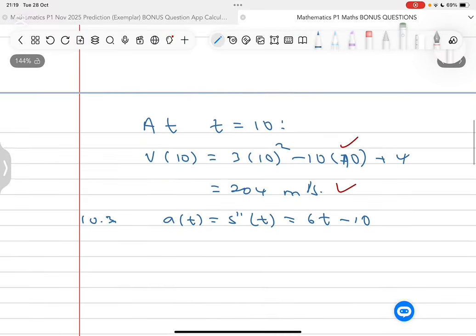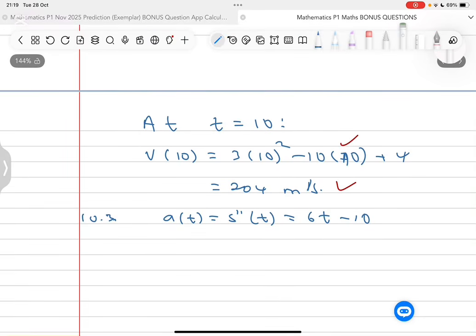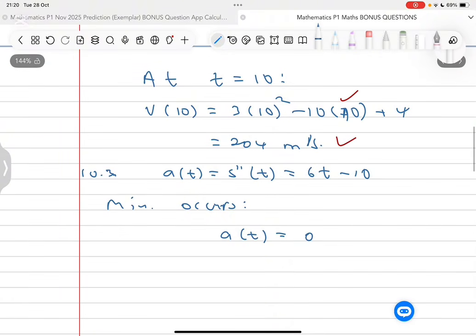So that's my derivative. But when the minimum occurs, we are going to have our acceleration, or the second derivative of this displacement, equal to 0. So that means here the 6t minus 10 is equal to 0.